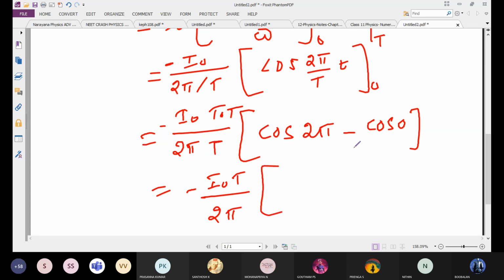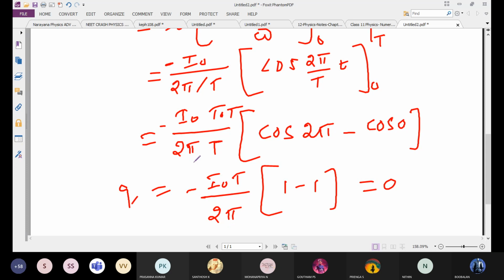So the value is 1 minus 1. Cos 2 pi value is 1, cos 0 value is also 1. So 1 minus 1 means you will get 0. So Q equals 0.